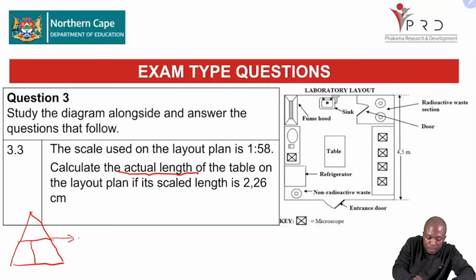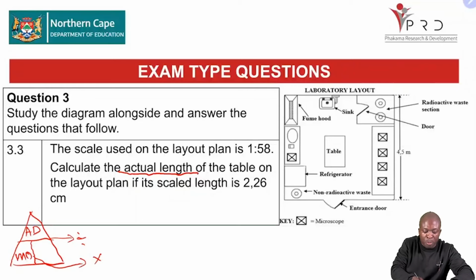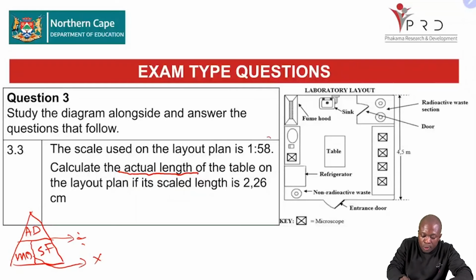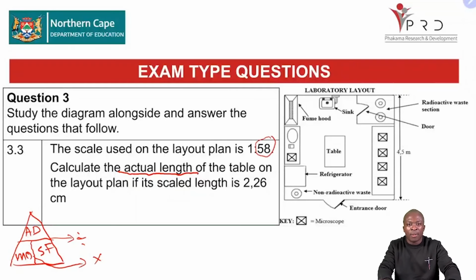This line means divide, and then this line means multiply. So here is your actual distance. This side is your MD, or your measured distance, and here is your SF. Where do you get your SF? Good, you get it from the scale. Look, there is your SF. So what's our SF? 58. The scale factor is 58.